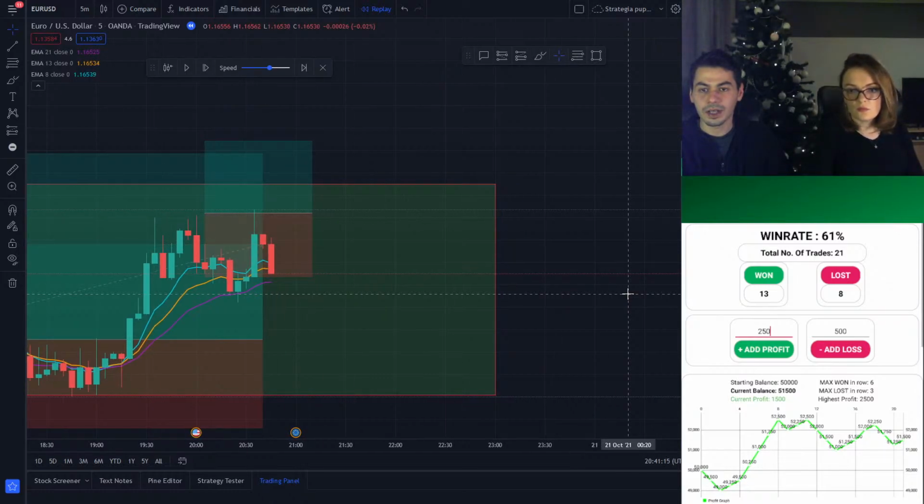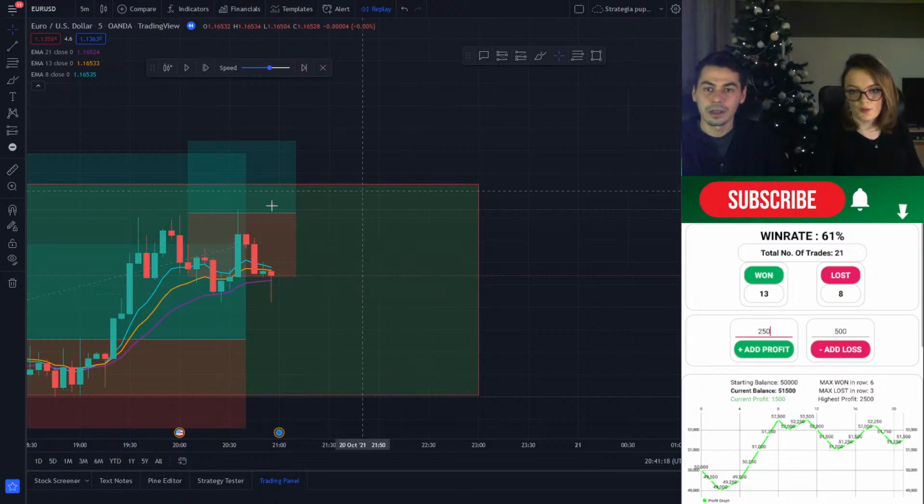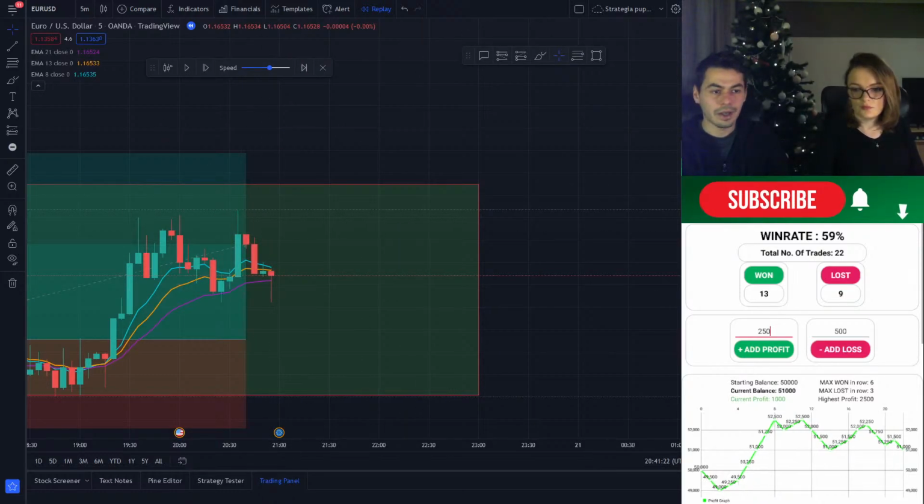The second position got triggered as well, and it got taken out. So we have a loss. I will put this loss here and also add it in the Excel spreadsheet. We still have a position running. So on the 20th of October, we have another loss.